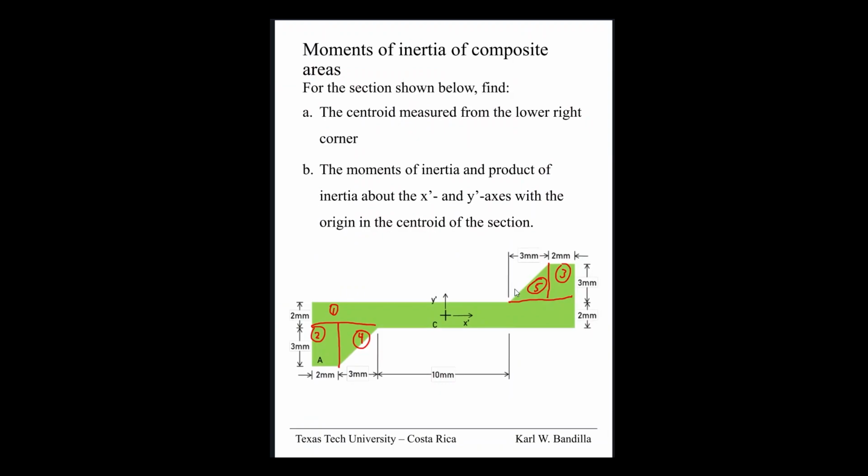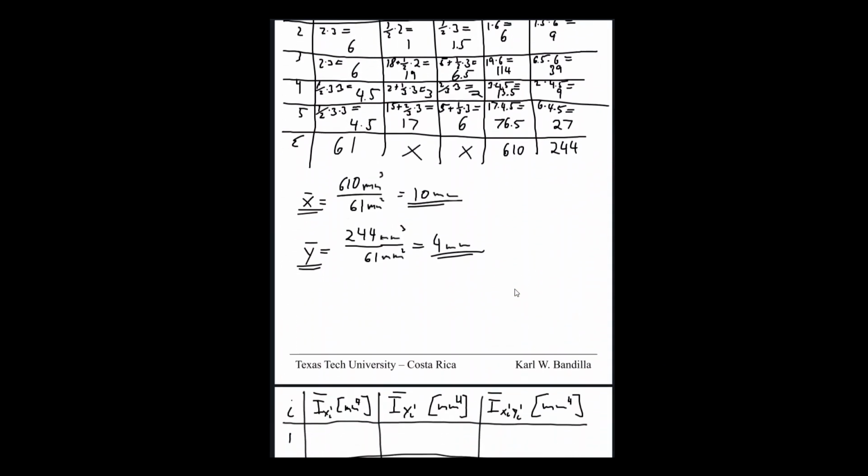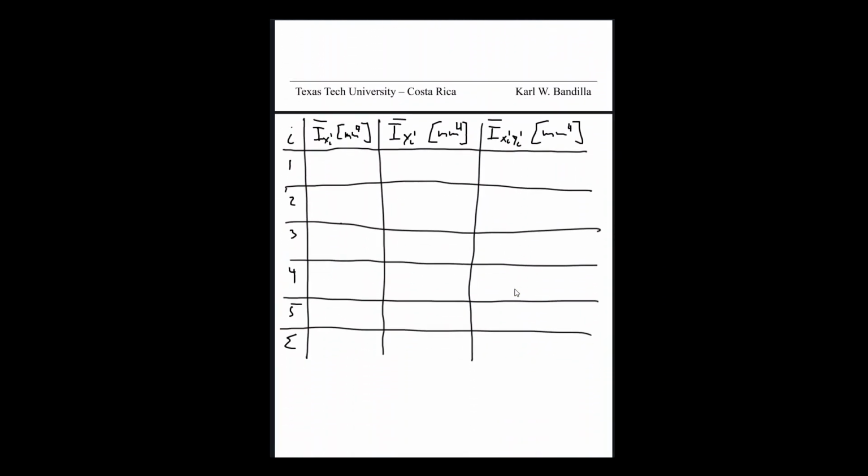We have triangles and rectangles, so they're all going to be in the x direction, bh cubed, otherwise h cubed, b cubed h. There we go, divided by 12 and divided by 36. So our big one, right, that had a width of 20 and a height of 2. So 20 times 2 to the 3 is a rectangle, so divided by 12.